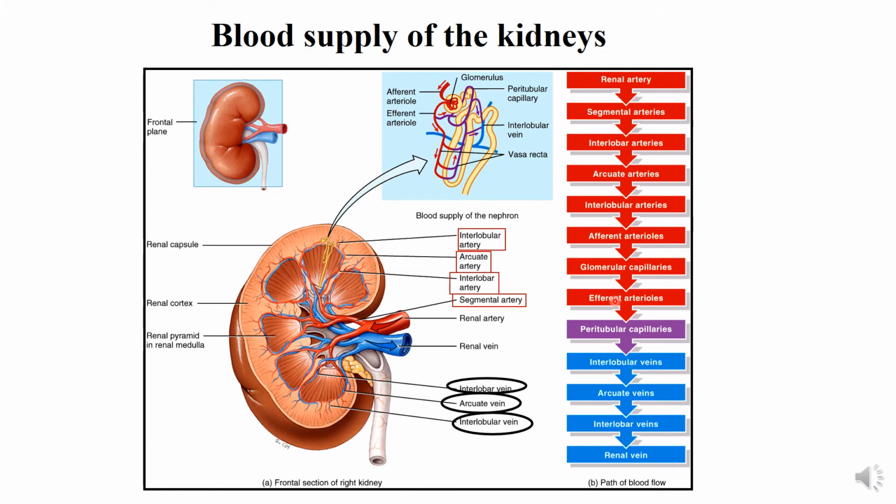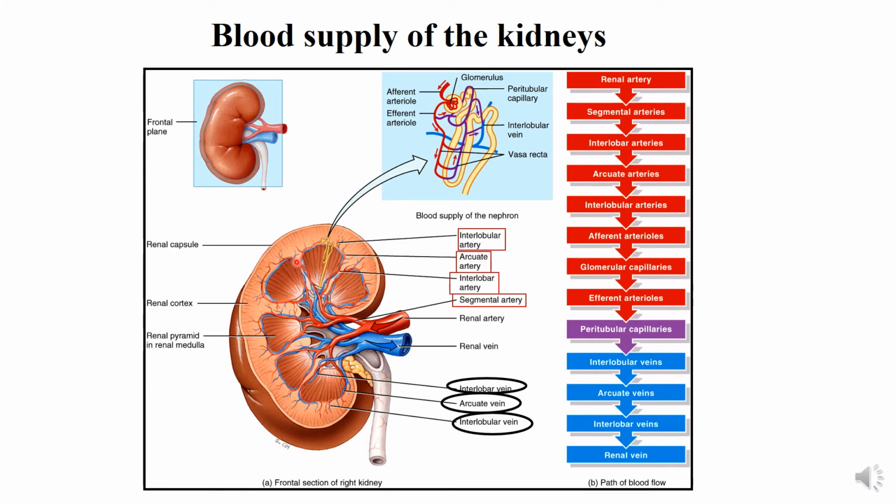These efferent arterioles now will divide to form what is called the peritubular capillaries, and these capillaries will surround the tubular part of the nephron. Then these capillaries will unite to form the interlobular veins. These veins will unite together to form what is called the arcuate vein.